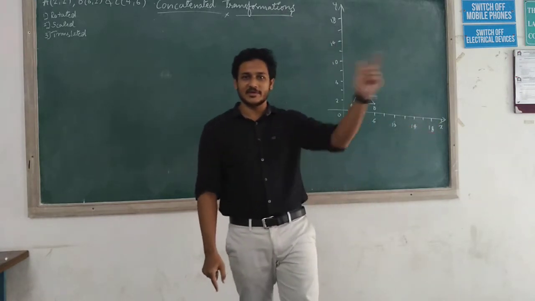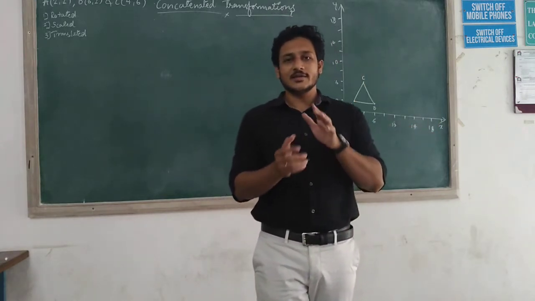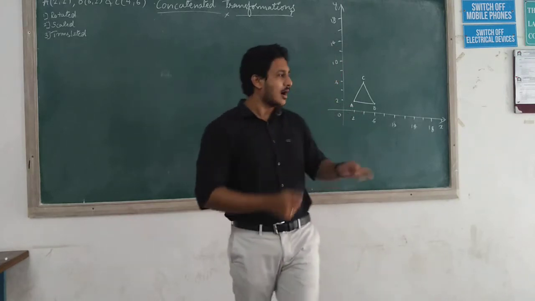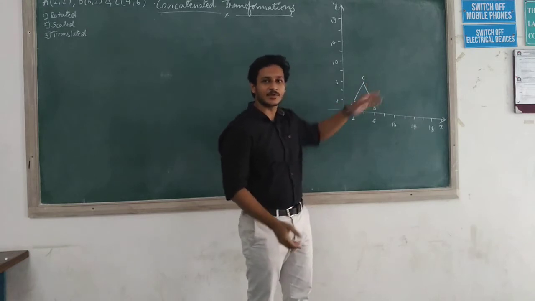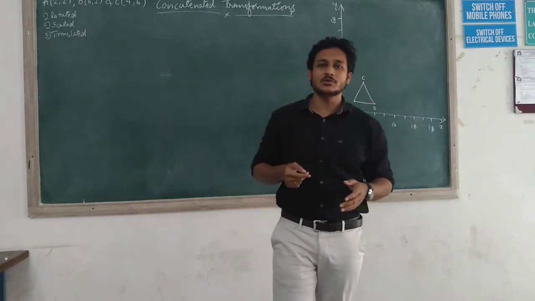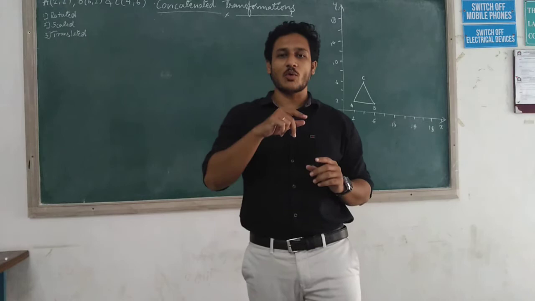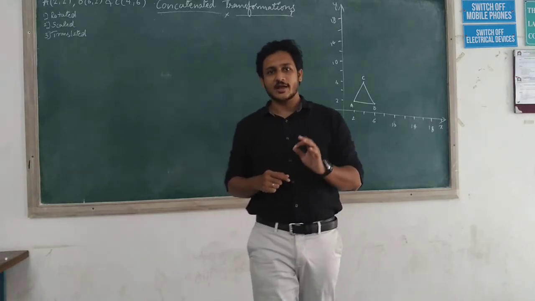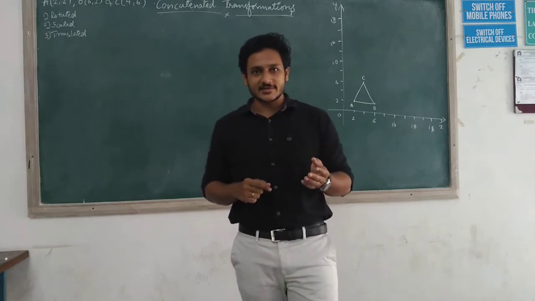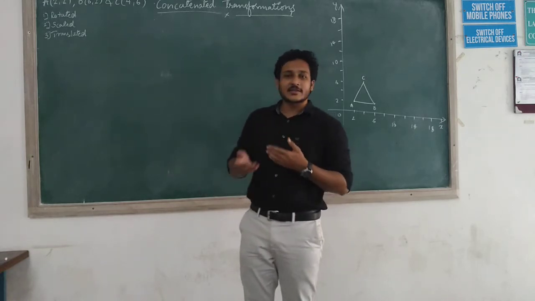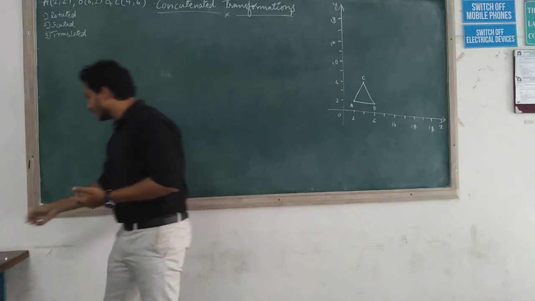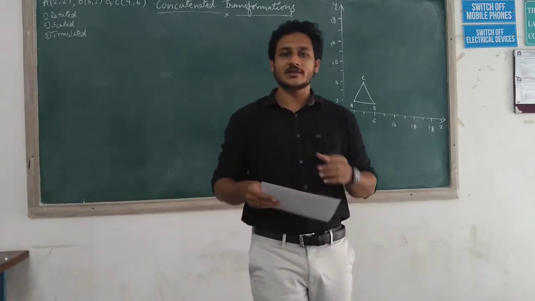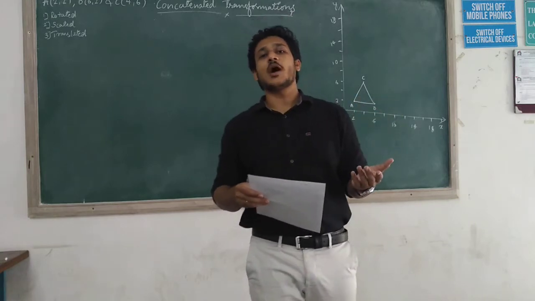This triangle ABC is going to be rotated about point C counterclockwise with an angle of 35 degrees. After that, it is scaled up by a factor of 2.5 units in both x and y direction.